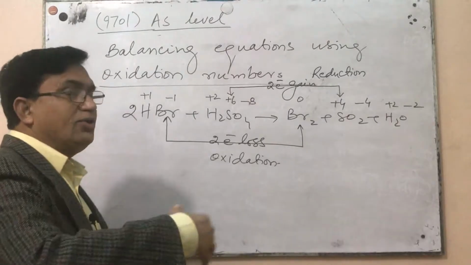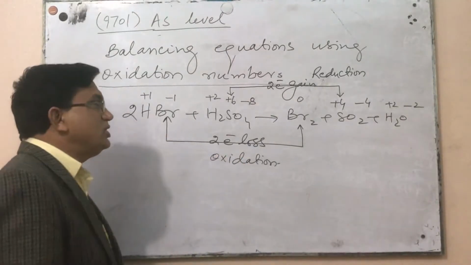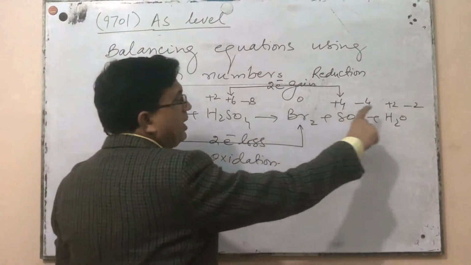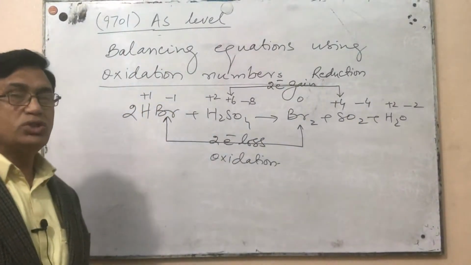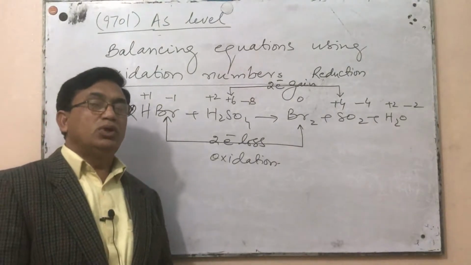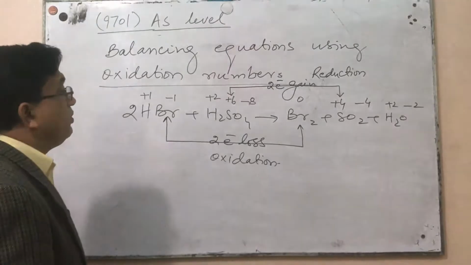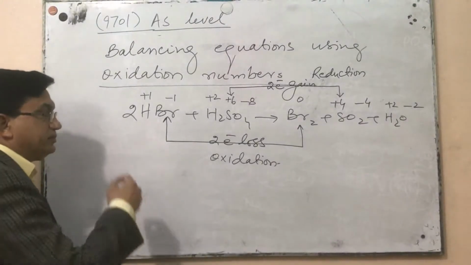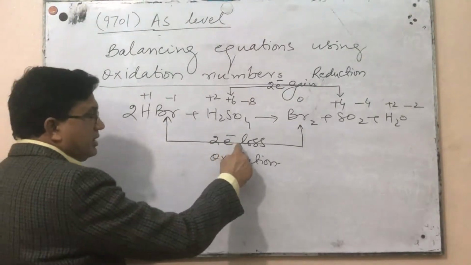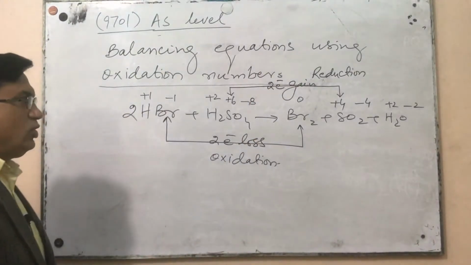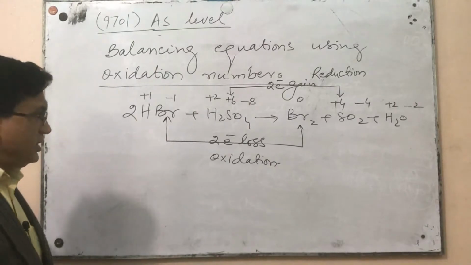If these are not equal, then we will multiply with a suitable digit to equalize them, and that digit will also be multiplied by all those atoms or compounds whose oxidation state is changing or which is mentioned by the data. Now, in this case, as the number of electrons gained or lost are equal, there is no need to multiply with any suitable digits.